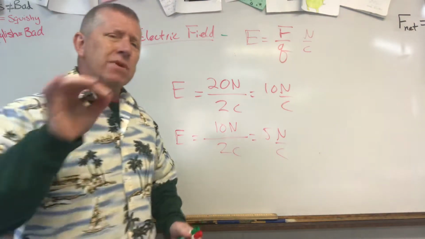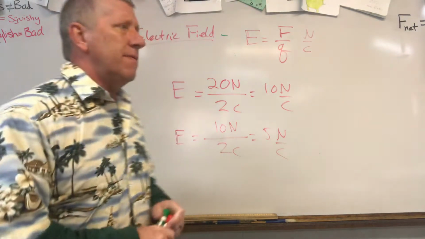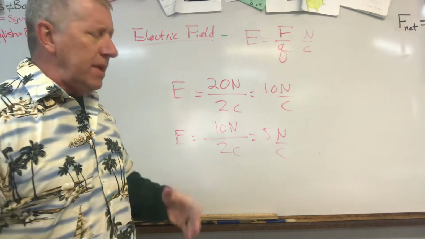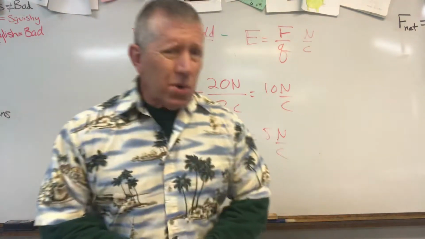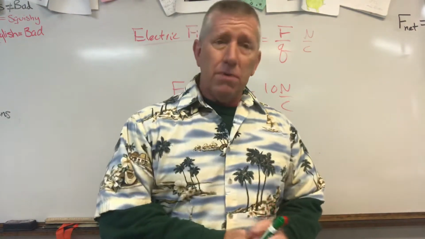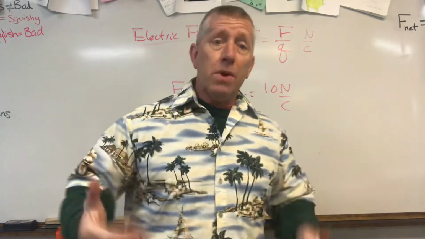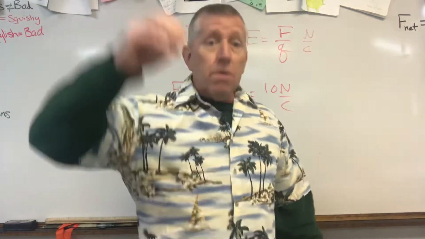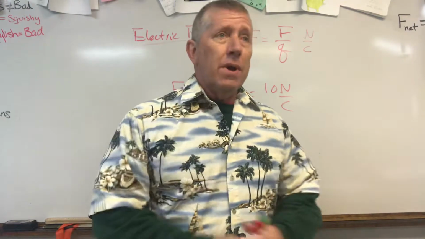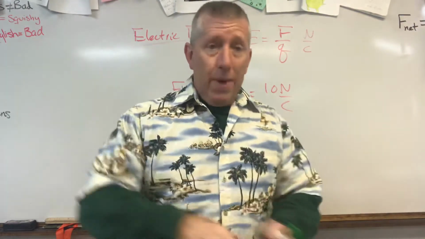Actually, with gravity we never talk about the field strength like this. We do in a way when we say the gravitational acceleration around the Earth is 9.8 meters per second squared near the surface. And the farther away we go, that decreases. So maybe it goes down to 8 meters per second squared when you're way out there.